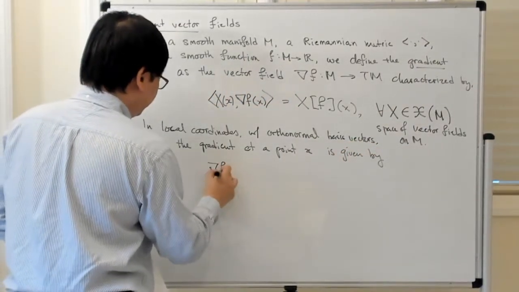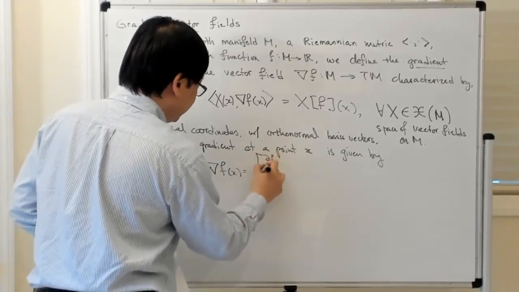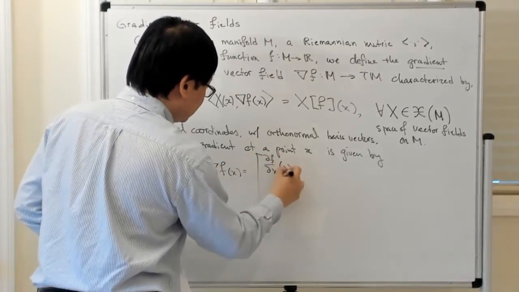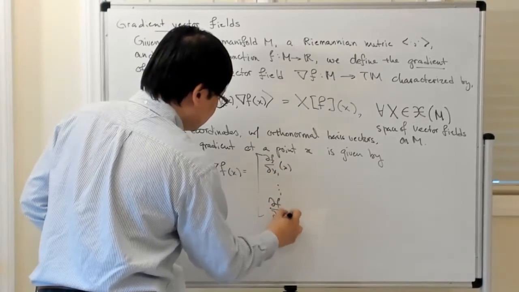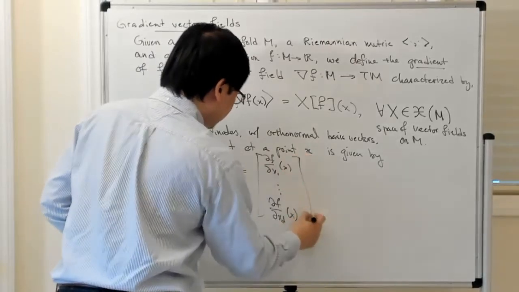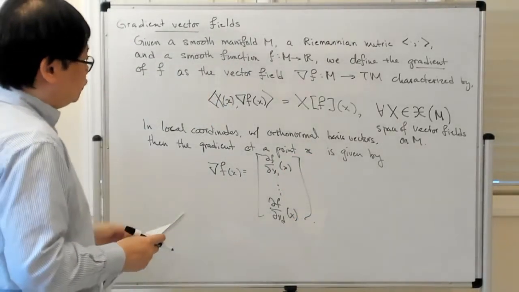Nabla f at x is equal to this column vector of partial derivatives of f with respect to the coordinate functions. All right, so that's sort of the usual thing.